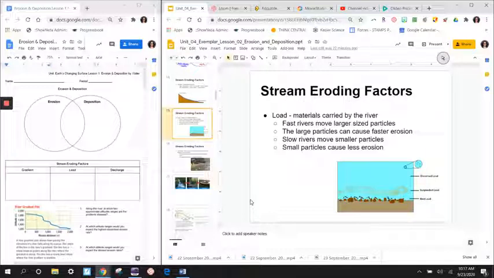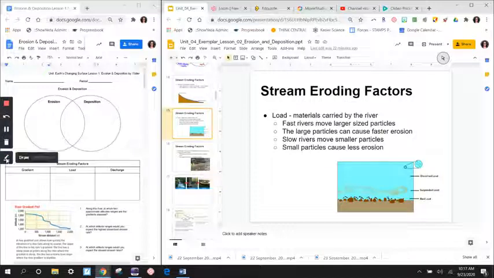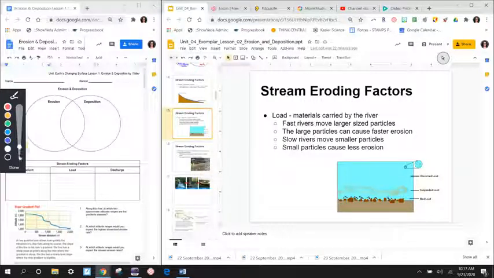So the next one is load. I would put these bullet points right here in the load area of your table.